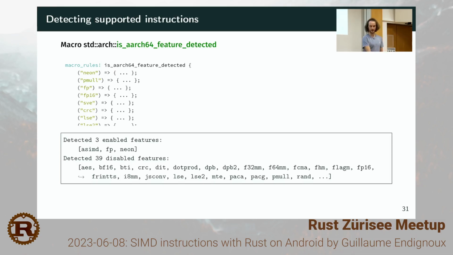So for example, here on Android, the Android docs say that all the Android devices are required to have this neon feature, which I think is quite common as a baseline for ARM64 nowadays. Maybe not all ARM64 will have that. But anyway, somewhere in the compiler, the definition of Android for ARM64 will hardcode these features.